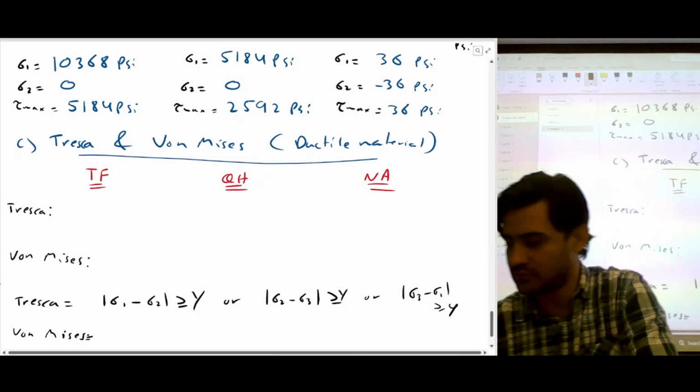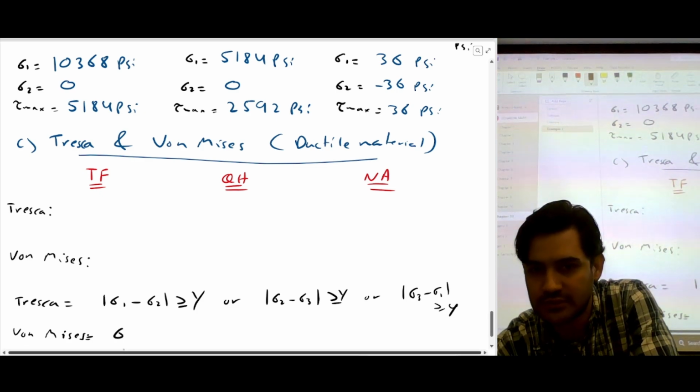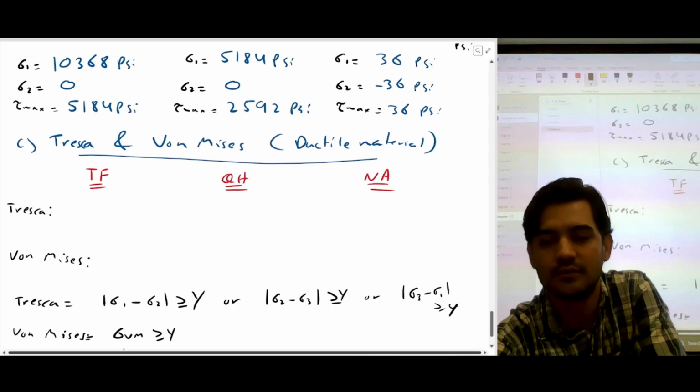we know that our von Mises stress, which is stress Vm, should be greater than or equal to the yield.